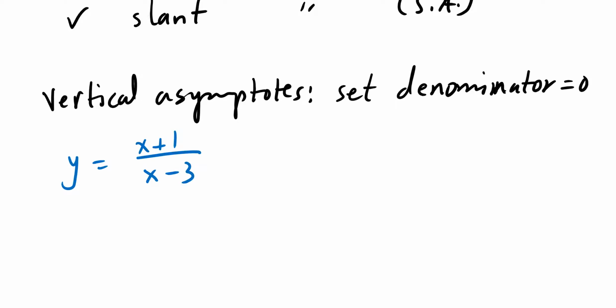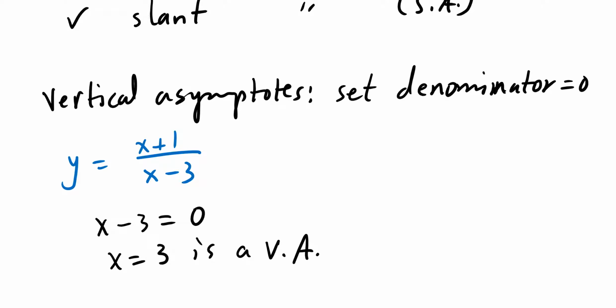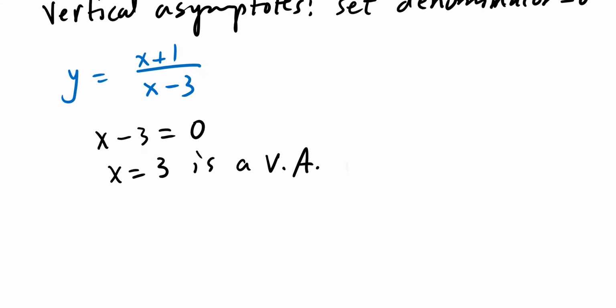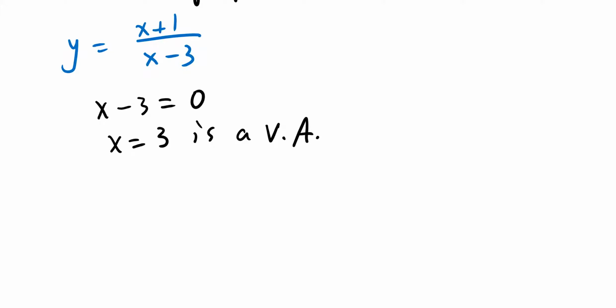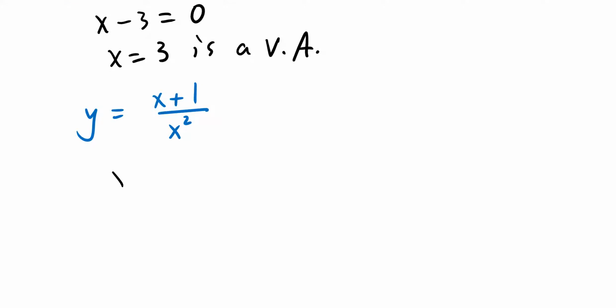To find the vertical asymptote, we set x minus 3 equal to 0, so x equals 3 is a vertical asymptote. So this function has only one vertical asymptote. A function may have no vertical asymptotes, 1, 2, 3, it depends on the function. What about something like this, 1 over x plus 1 over x squared? Same thing, x squared is 0, so x is 0. So only x equals 0 is a vertical asymptote.